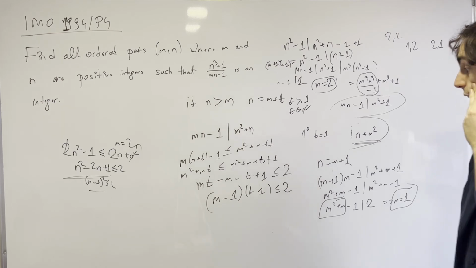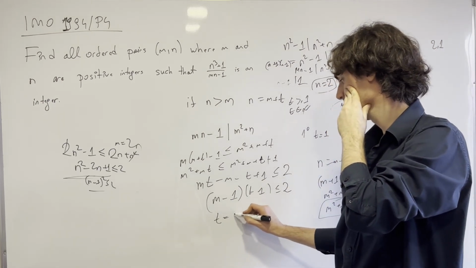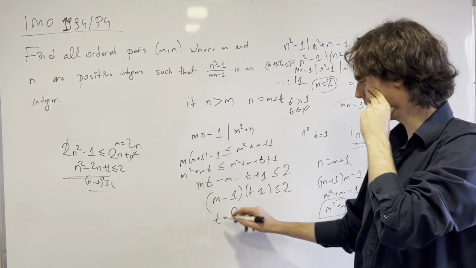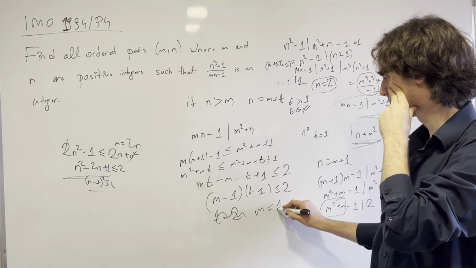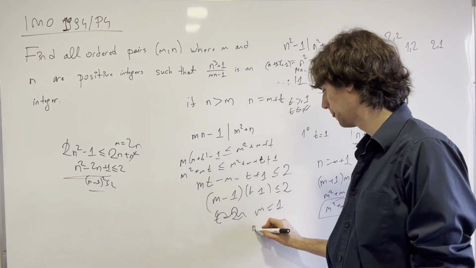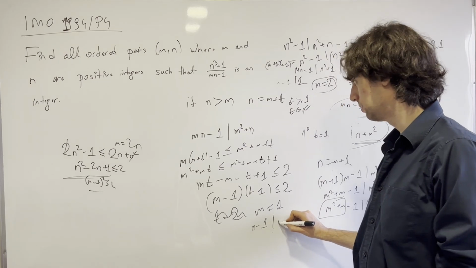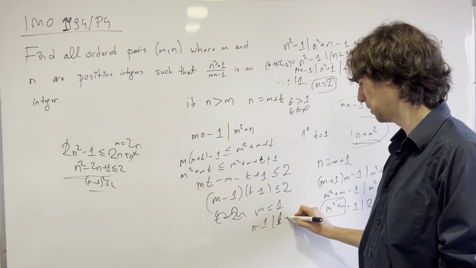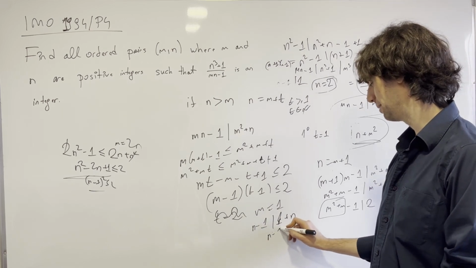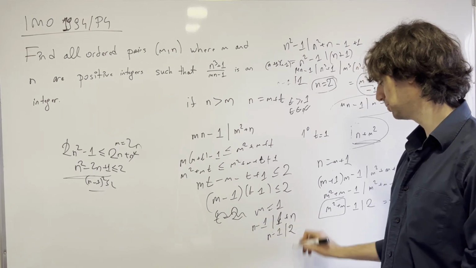Now, the second case, t is equal to 2. And actually, let me do the case where m is equal to 1. And then what do I have? I have n minus 1 divides 1 plus n. Subtract this from this, you get n minus 1 divides 2.